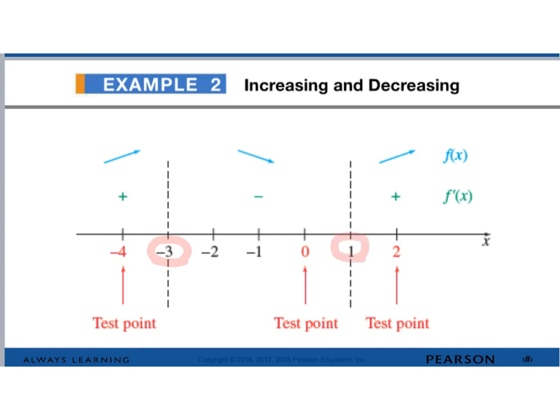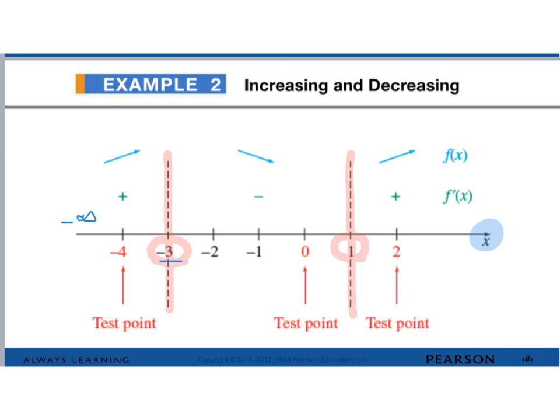Negative 3 and 1. And they divide our x values on the number line into 3 intervals. The first interval goes from negative infinity to our critical value, negative 3.